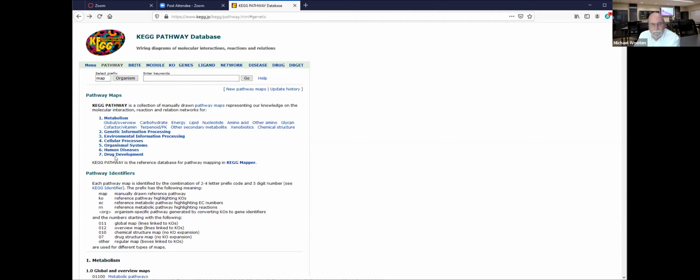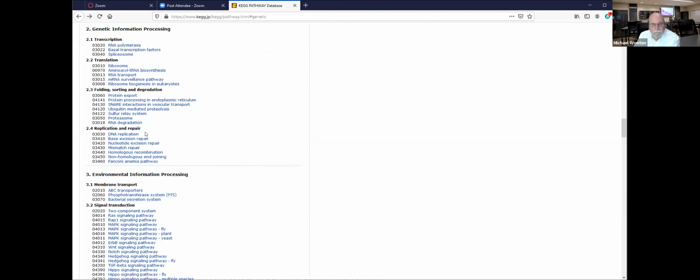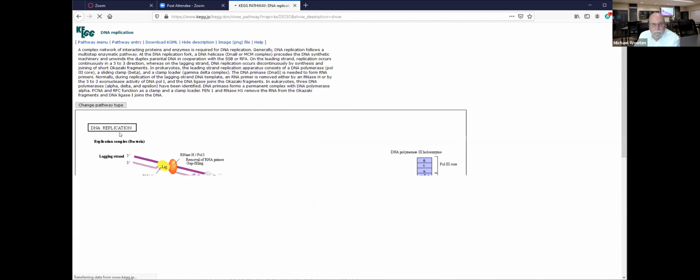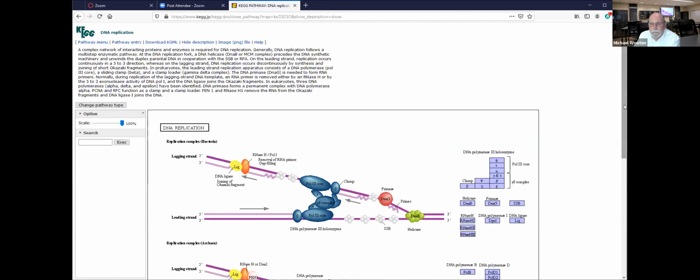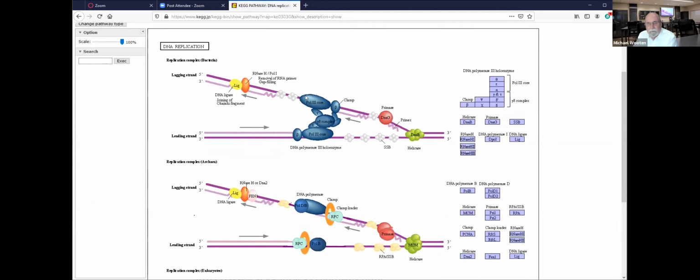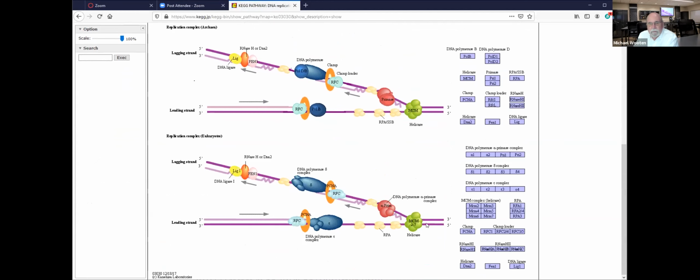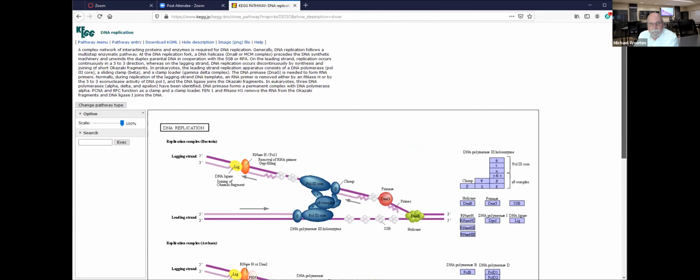And it has all sorts of pathways that are involved in information processing, genetic information processing, whatever. And if you click on it, it'll tell you the pathway. It's where I got most of those pathways. It'll actually show you a nice little diagram of what the replication pathway looks like, what genes are involved, how they work and function. Whether you're in the medical field or whatever you're doing, you're interested in how a system works, this is a nice little page that you can look at.